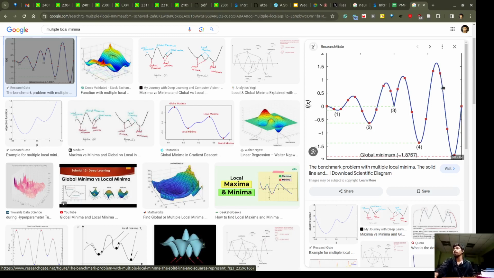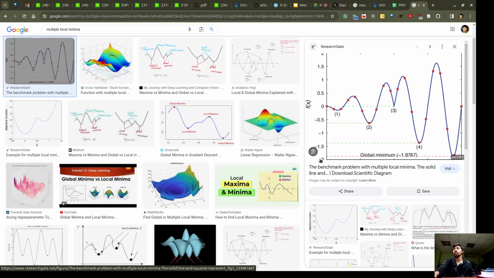Initially if it is here, then it can reach the global minima. If it is here, it can reach this local minima only. If it is here, it can reach here only. So depending upon where our initialization is, we can reach multiple local minima, and depending upon that, that will be the loss function.